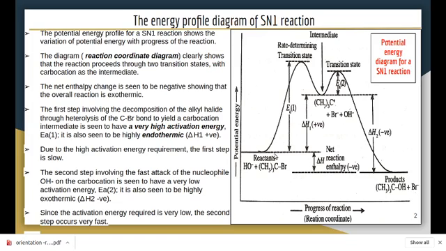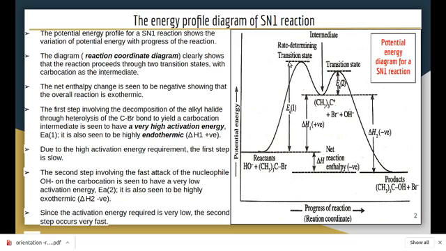That means in the tertiary butyl bromide, the bromine atom will start to break. That is the first transition state. In that transition state, carbon will have a partial positive charge and bromine will have a partial negative charge.